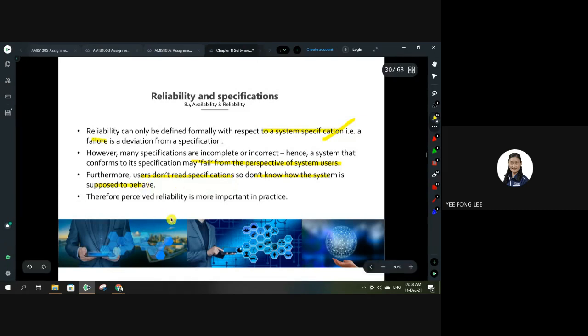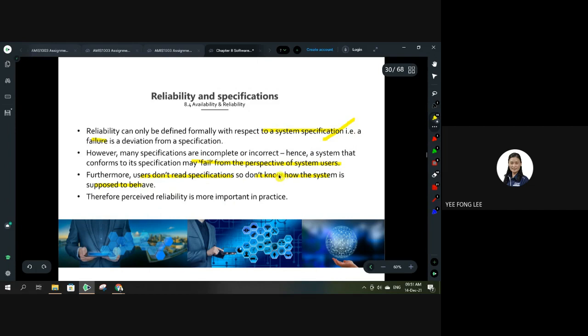So users might therefore anticipate, okay, the last two bullets here: users may anticipate that the software should behave in one way when the specification says something completely different, because they didn't read it at all. So they might not truly understand how the system works.